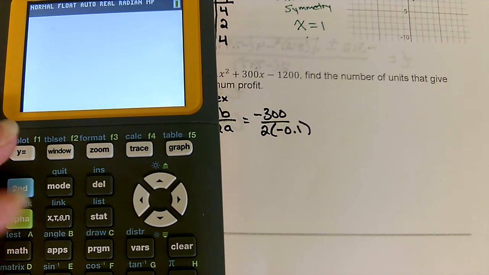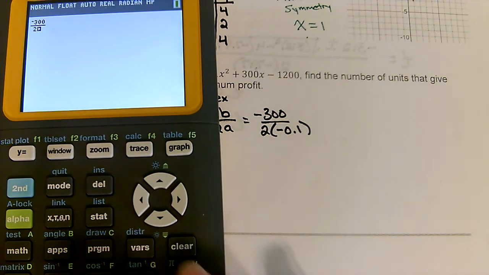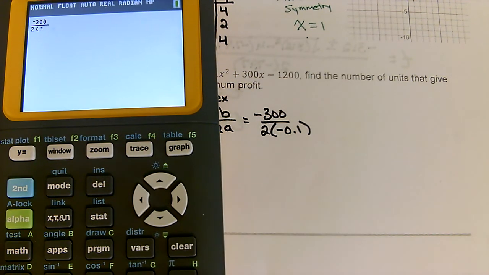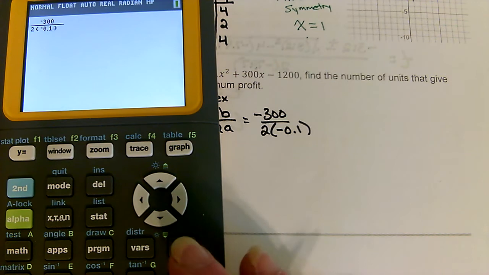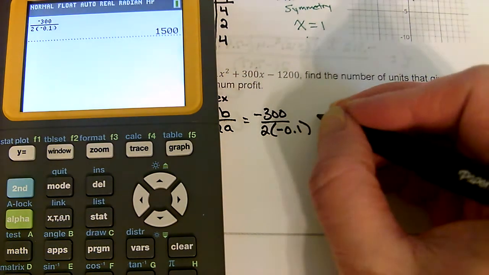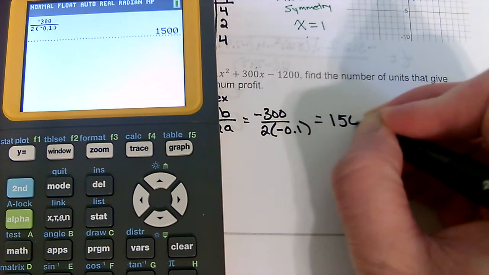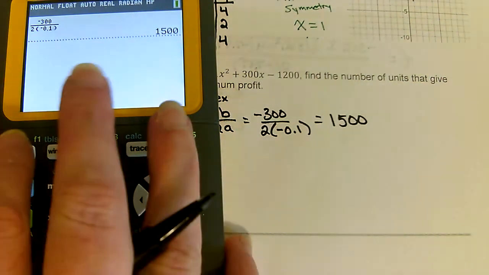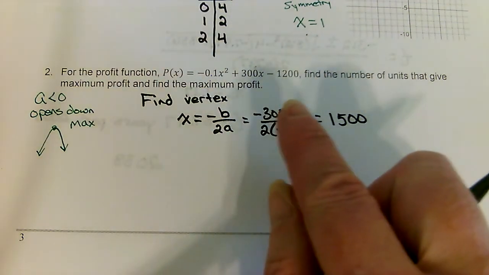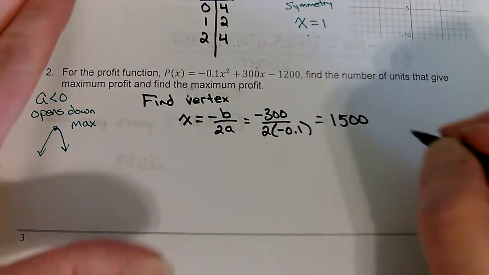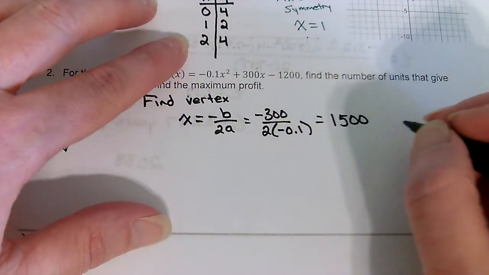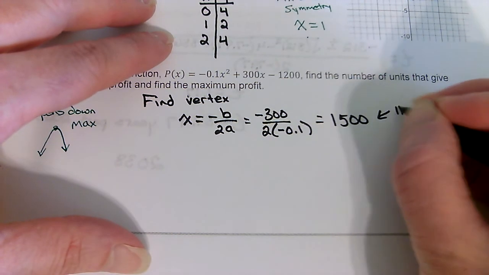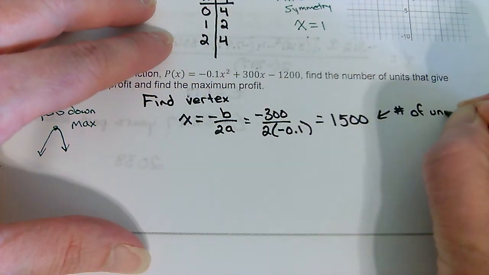So I've got negative 300 over 2 parentheses negative 0.1, and it gives me 1500. But that's just giving me the x value. That's just the number of units. So this is the number of units.